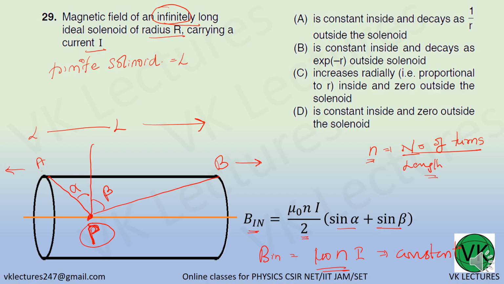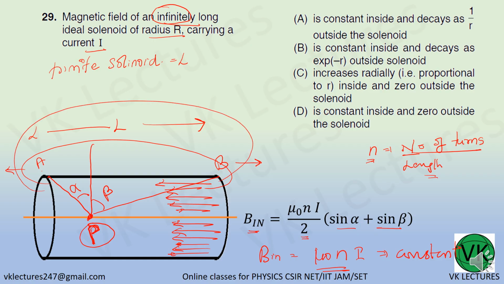Now inside the solenoid, the magnetic field lines will be very closely placed, and outside the solenoid your magnetic field will be this way.